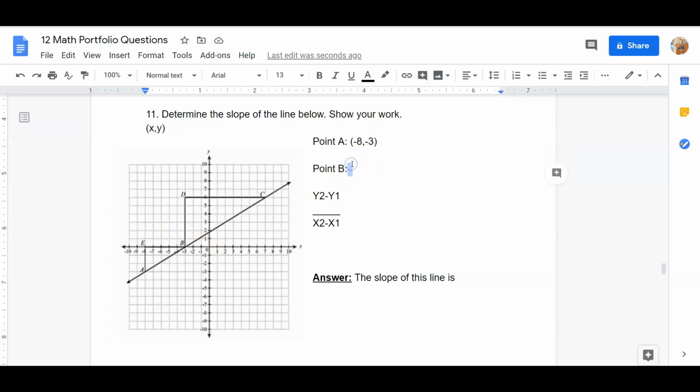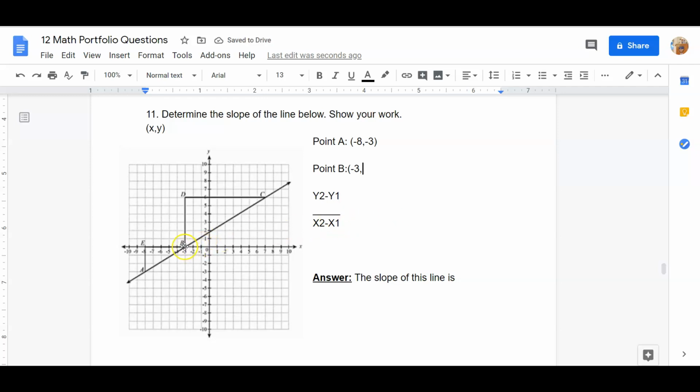Now point B, do the same thing. Start at 0. Count to the left. 1, 2, 3. So that's 3. We went to the left, so that's -3, comma.